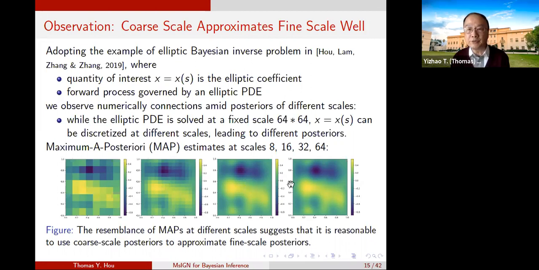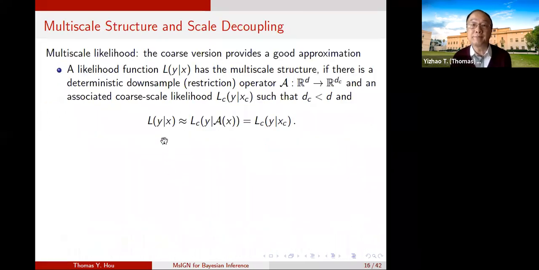And of course, at 32 by 64, you can get an even closer approximation. So this suggests that we can use the coarse grid solution as a good approximation, or preconditioning, a good initial guess for the finer scale, right? That is the take-home message.